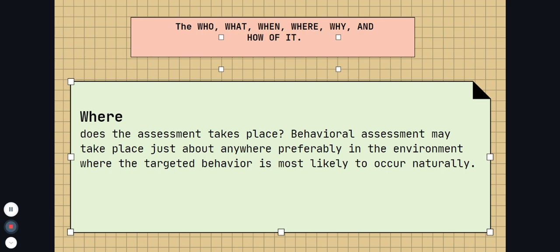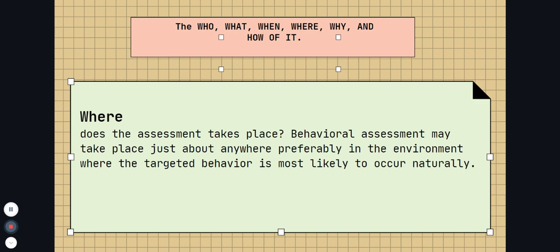So, unlike the psychological test which needs a private area or room to be conducted because there are a variety of test questionnaires to answer, in behavioral assessment, it is where the behavior most likely occurs.